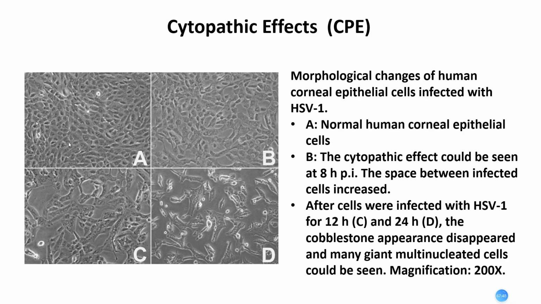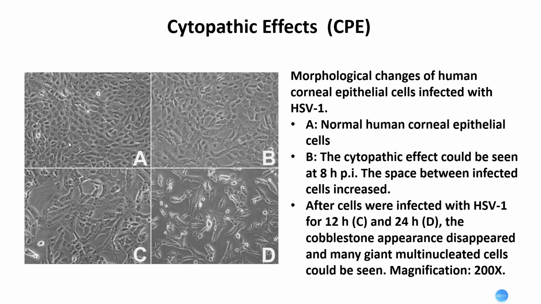But once the cell is infected by HSV1, the herpes simplex virus 1, you can see that the morphology of the cell would change. In panel B, this is 8 hours post-infection.